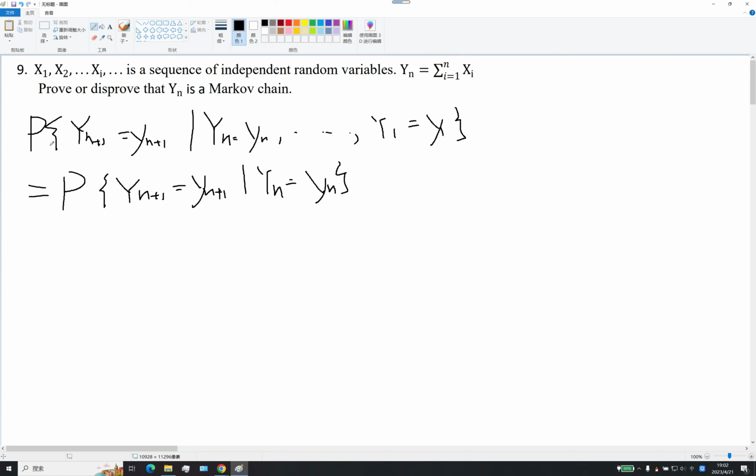So we want to know if it is equal, so we want to change this into this form. We have Y(n+1) = y(n+1), on the condition of Yn = yn and Y1 = y1.